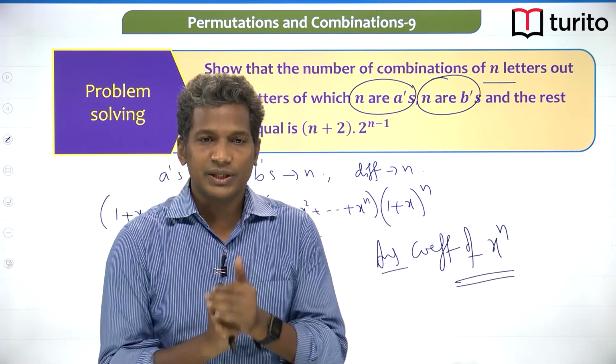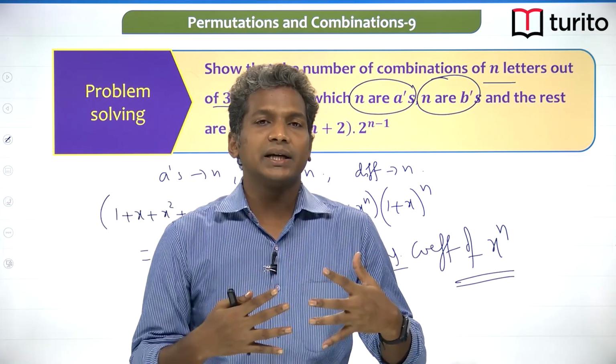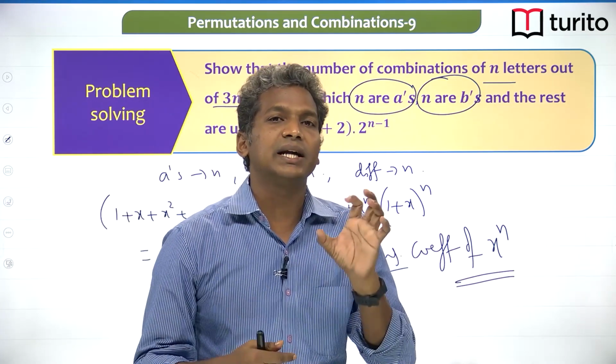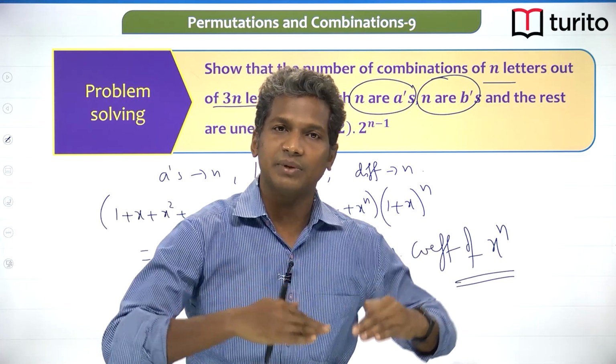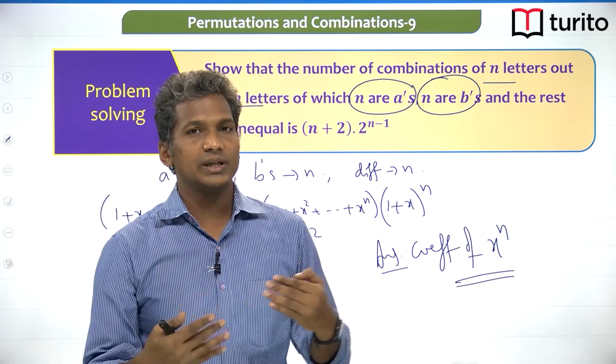So this way we can solve the problems, and once you realize that you need a certain coefficient, permutation combinations is over. After that algebra will start. You have to learn both methods and both ideas.